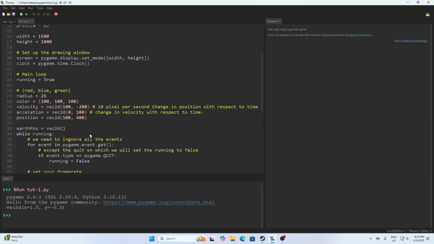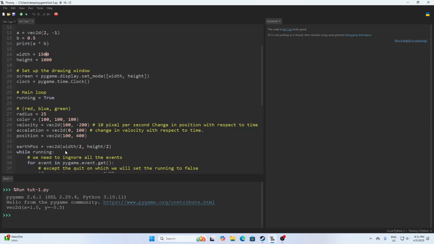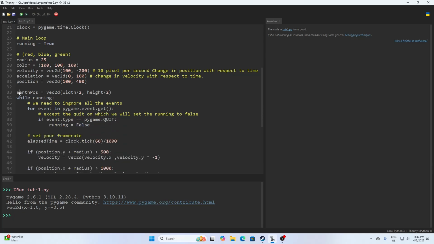We just use half of it: the width by 2 and the height by 2. We might need a division function. This is a divide, right? This will just work fine. So every time we change it, it will make sure that this is at the center. Now the Earth position is at the center.